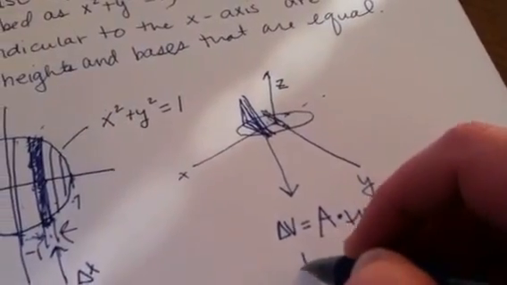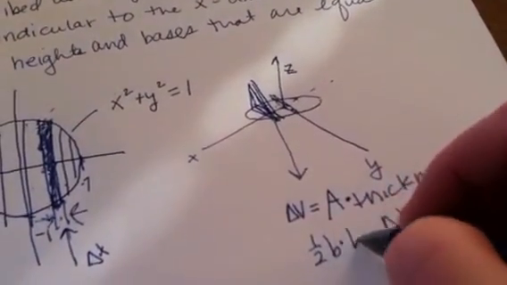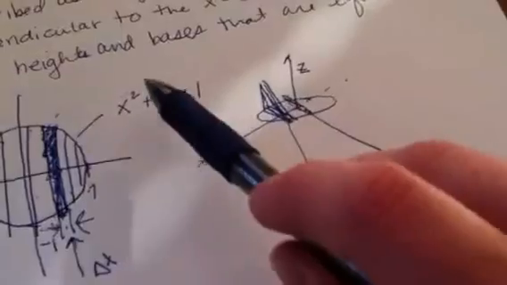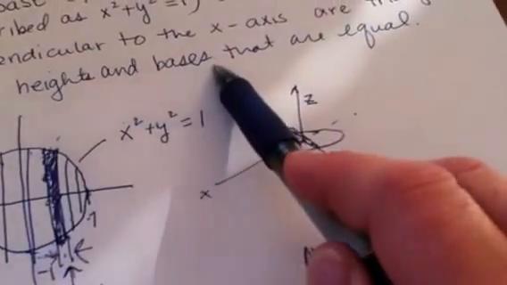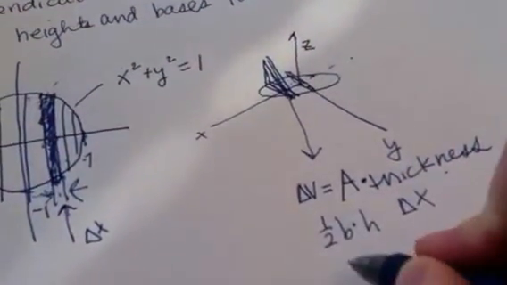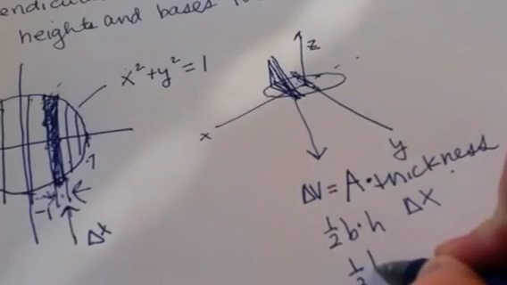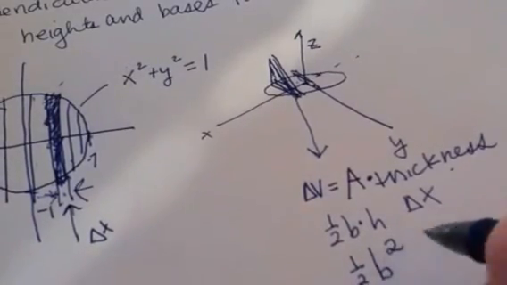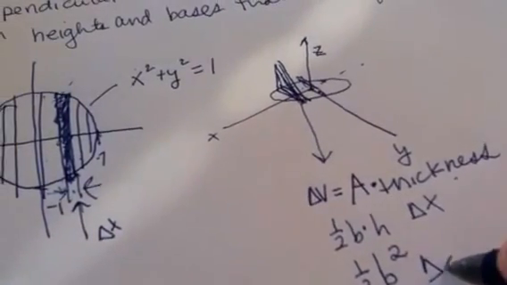The area of a triangle is 1/2 base times height, and for these particular triangles, the height and the base are equal. That means we have 1/2 base squared delta x.